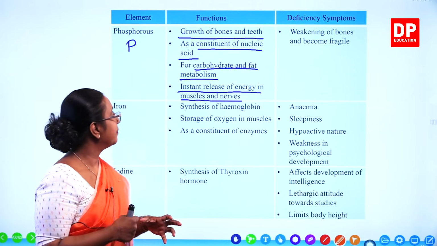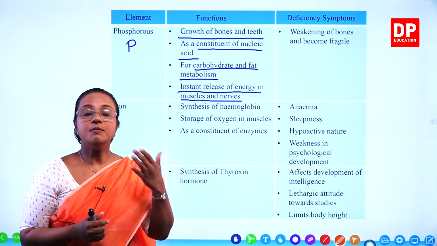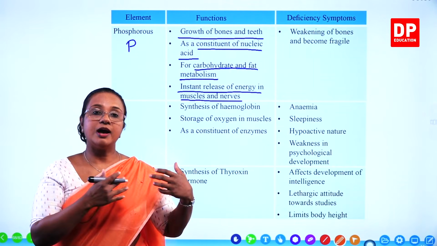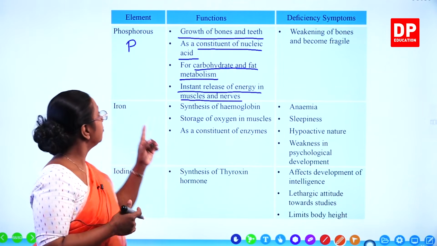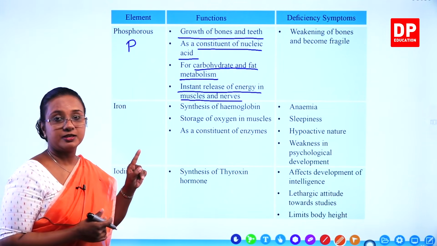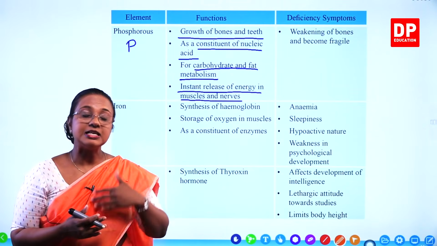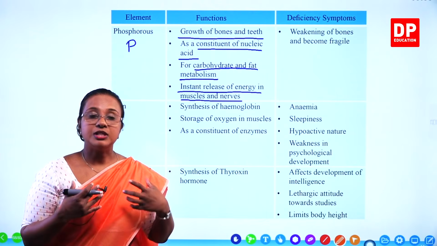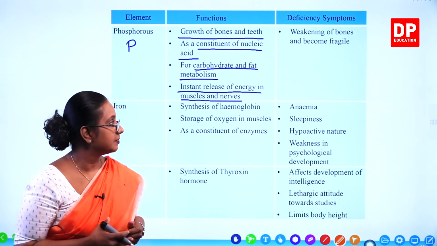For this to happen, there should be enough energy within your muscles. Even though you eat properly and have a carbohydrate storage in your body, if you don't have enough phosphorus, then the energy will not be released immediately whenever necessary. So that can lead to certain deficiency symptoms.